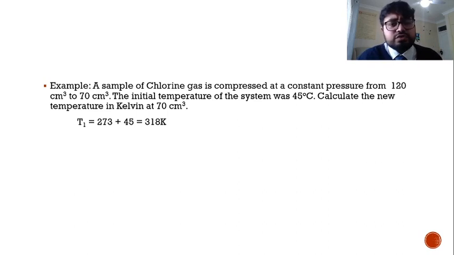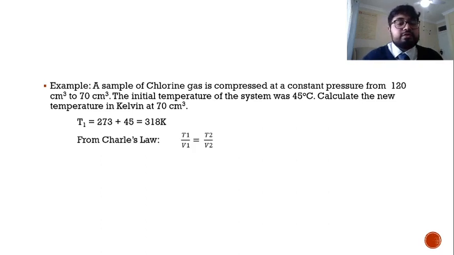So we're going to use 273 for easy purposes, and that's 273 plus 45 because that was our initial temperature, and that gives us an answer in Kelvin, which is 318. So next step is we write out our equation, which is T1 over V1 equals T2 over V2.